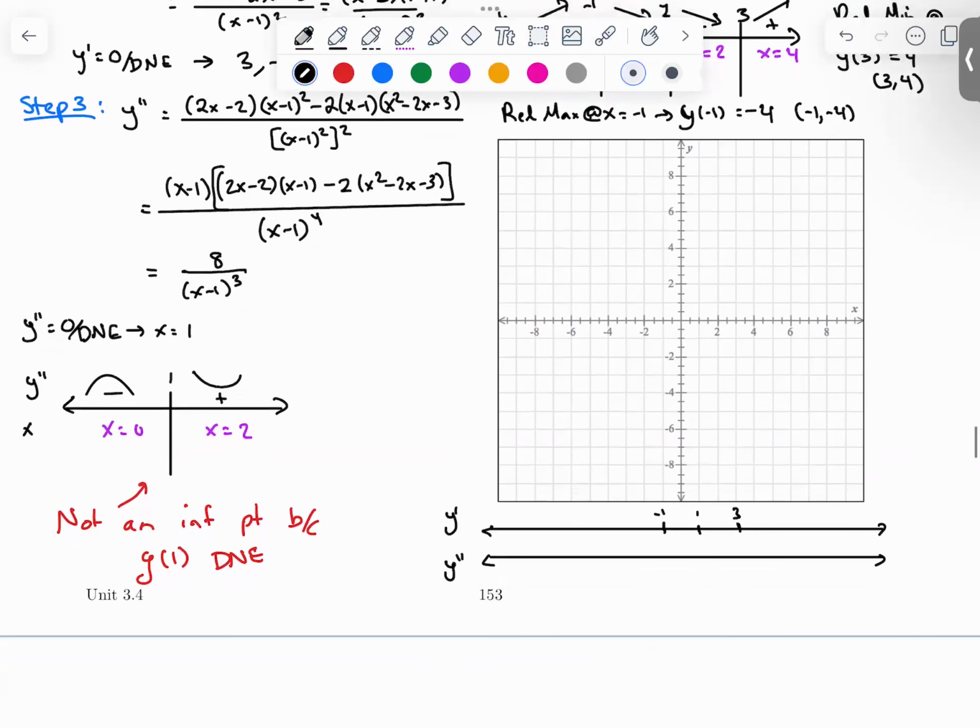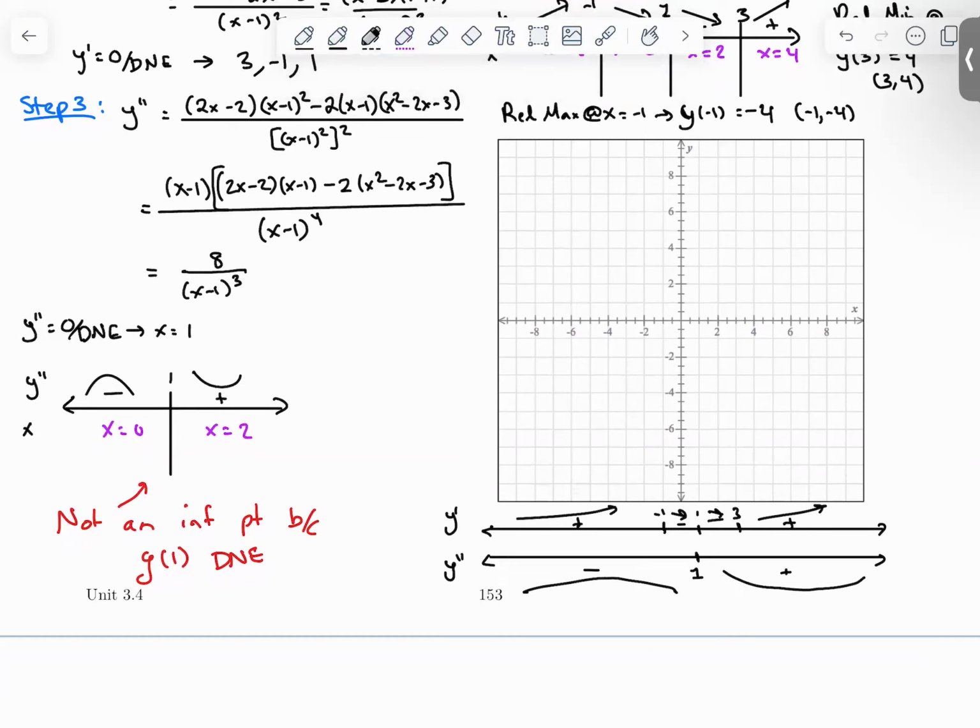And then, so it was positive, so it's increasing, decreasing, decreasing, increasing. And then there was just 1 for the second derivative. It was concave down here and concave up here. So we'll draw our little divider lines.